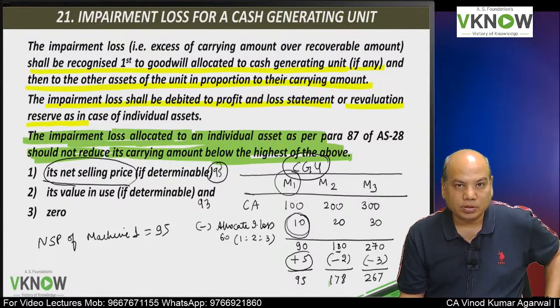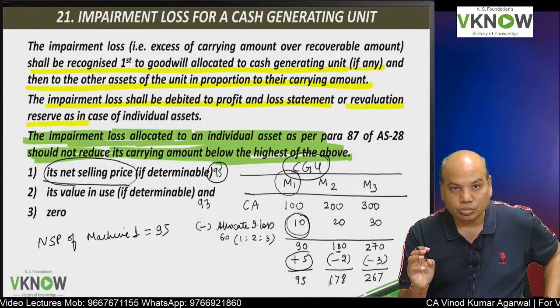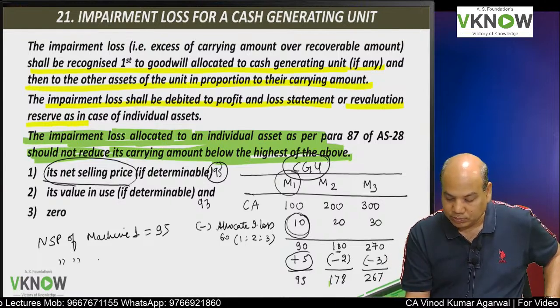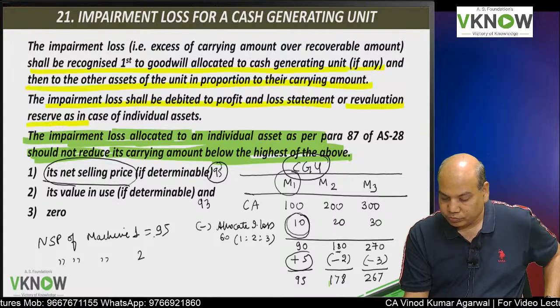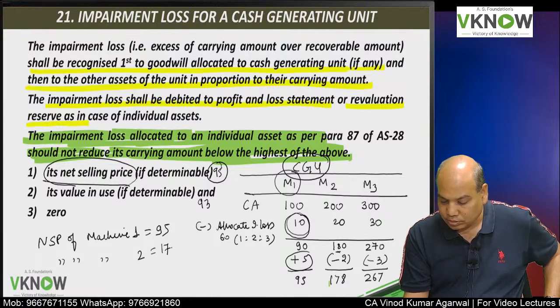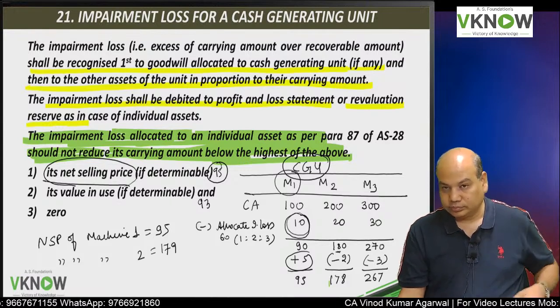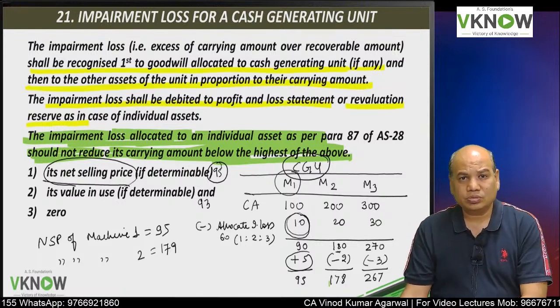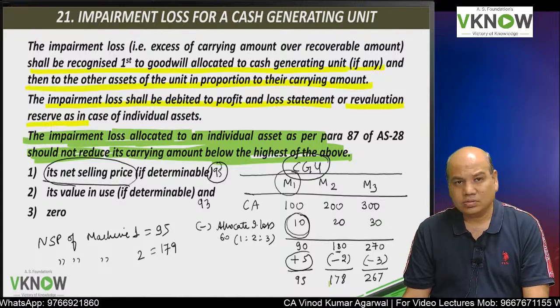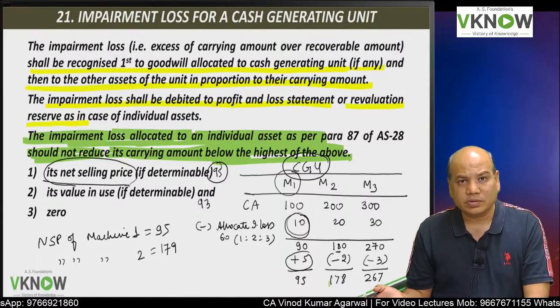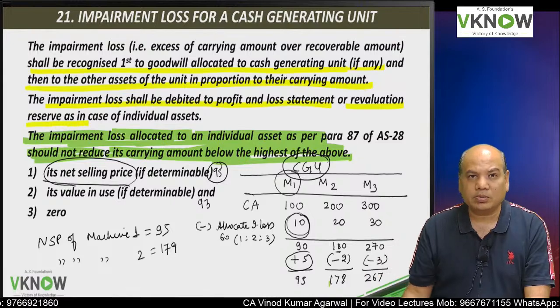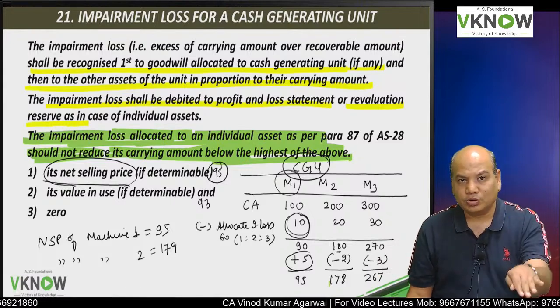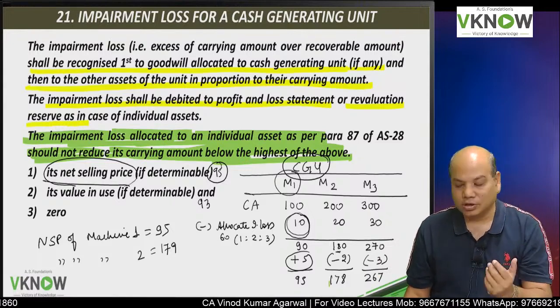But there is one more problem. The net selling price of machine 2 is, suppose, 179. Machine 2 can be sold for 179, but after providing impairment loss, you have reduced it to 178. What will you do?